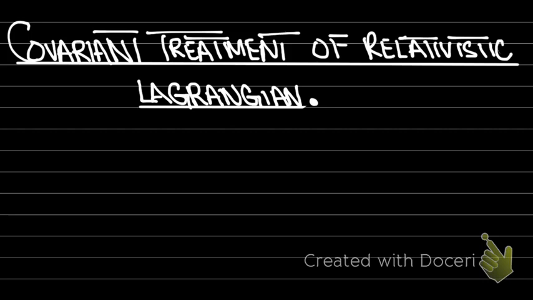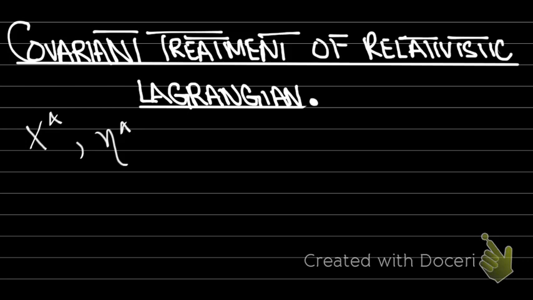To make a covariant description, it is useful to replace the position x and velocity v by the four vectors. Those four vectors, as we already know, are x alpha for position, and for velocity, or proper velocity, eta alpha.